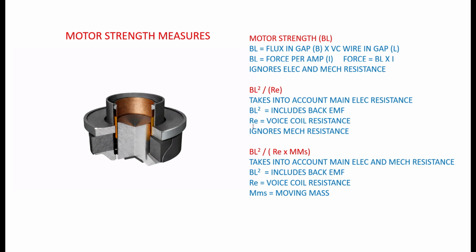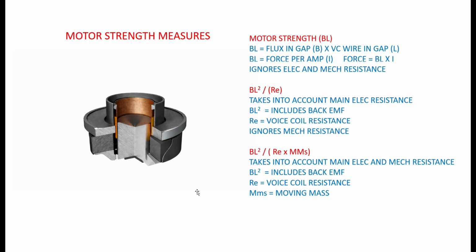If you use that little formula, grab the BL value off the tech data sheet, grab the voice coil resistance off the data sheet and the moving mass, and plug that all into the formula, it'll give you a number. Then you can compare two speakers of the same class and have probably the most accurate measure or comparison of motor strength.